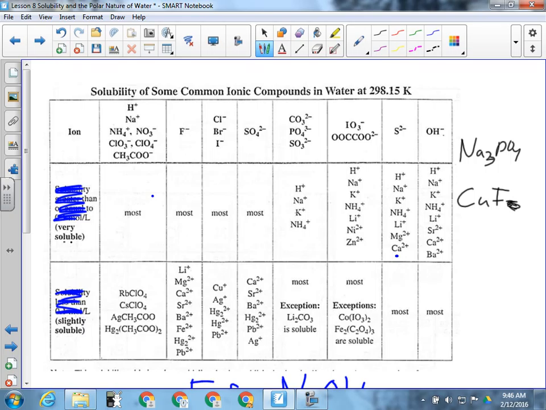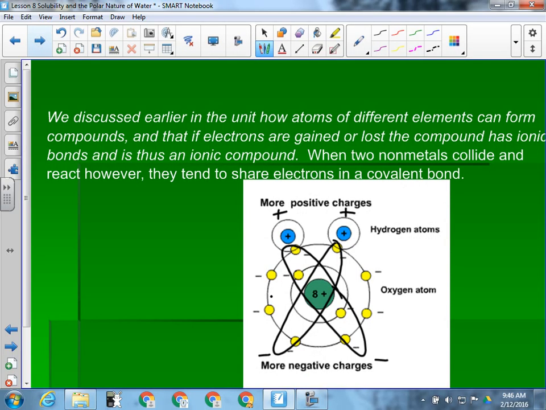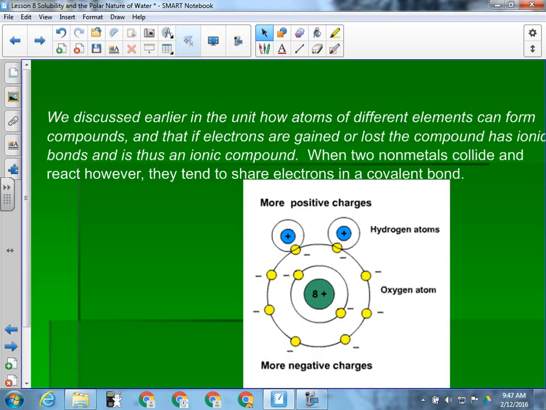So what we're going to move on to now is what a polar molecule is, or what that means. The example we're going to use is water. Water is the most common thing around, at least for us, and it's a polar molecule.